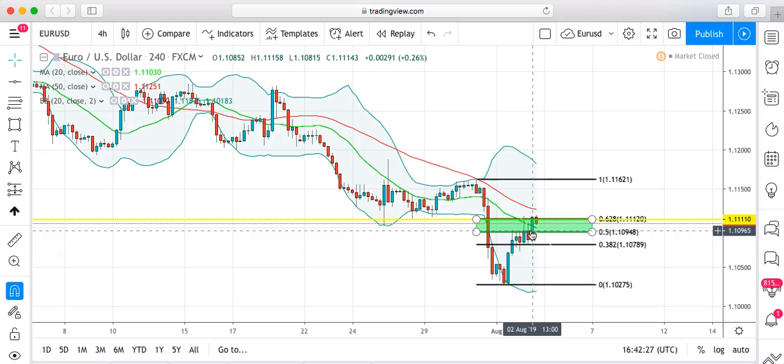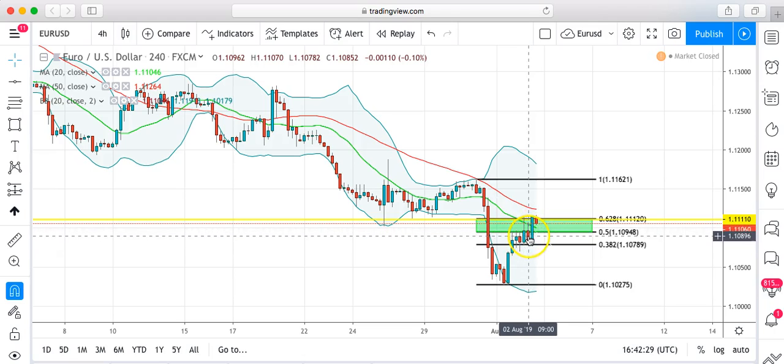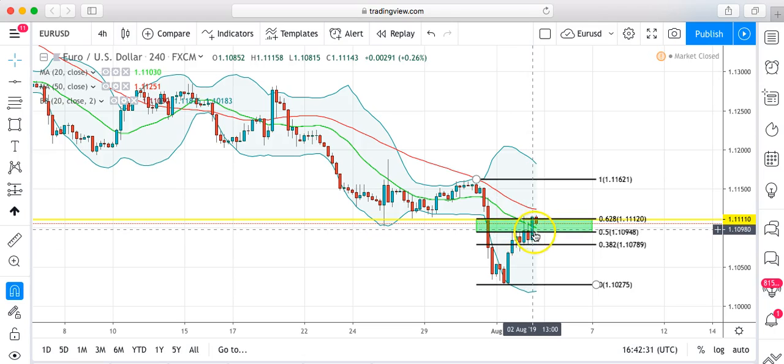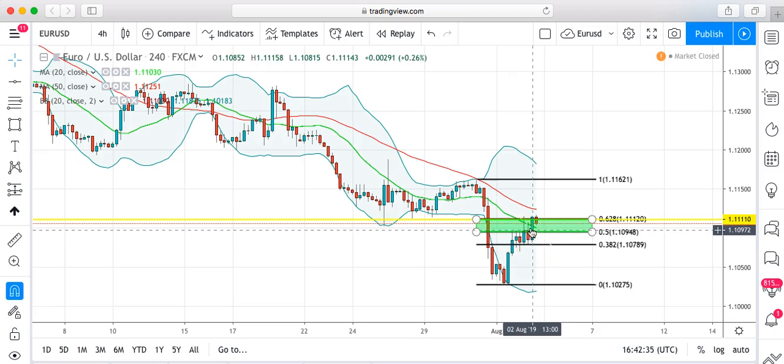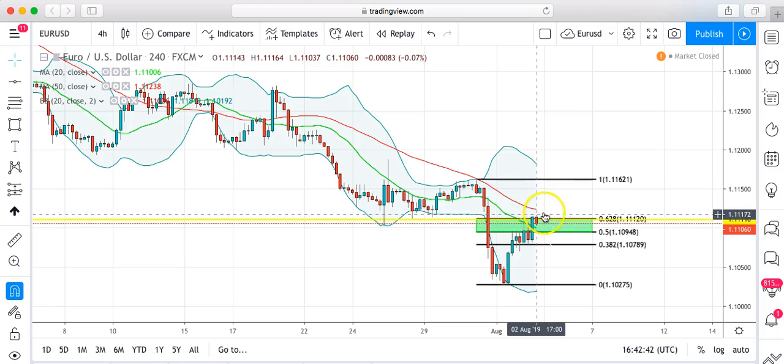And then the candle that opened after that is kind of a doji, and you can kind of see that it came and tested 382 level, and then it finally broke to the upside. We had that candle closing above the 6 to 8 zone, giving us more confirmation that this is still a valid buy market.